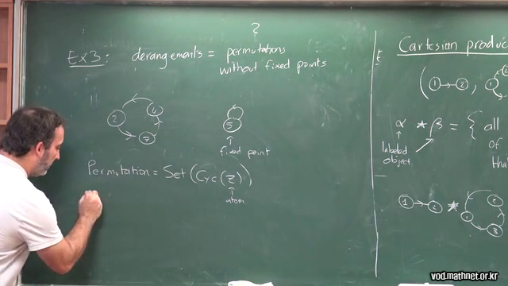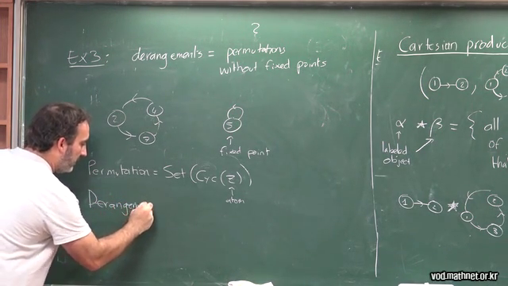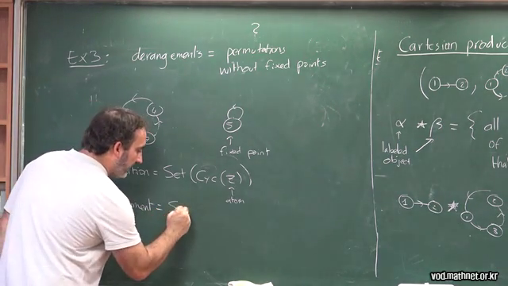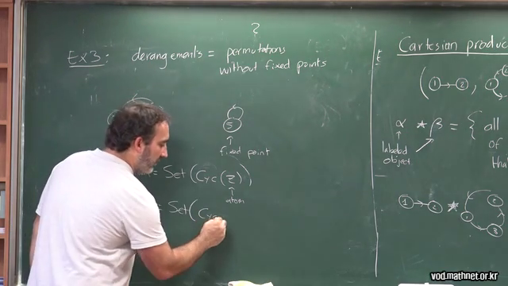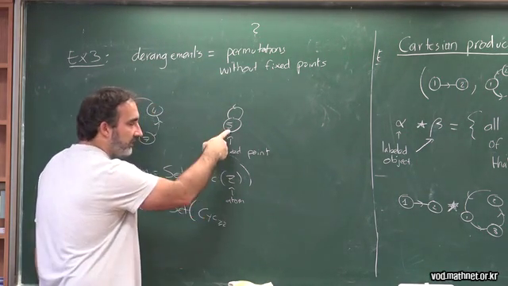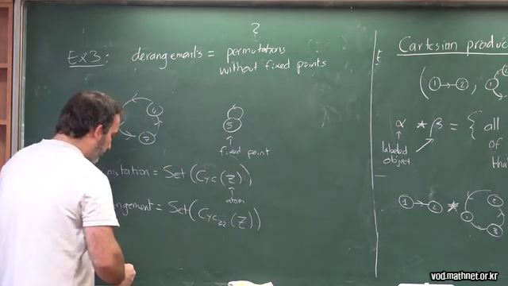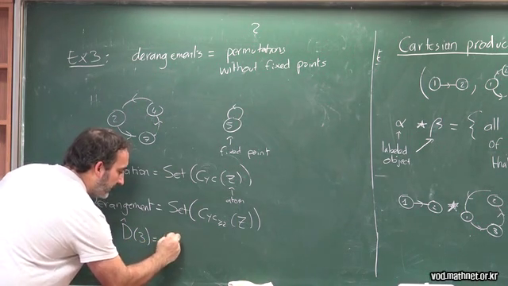And if you want to do the derangements, well, you want a set of cycles of length at least 2. You don't want cycles of length 1. Okay. So when I go to generating series, set is exponential.